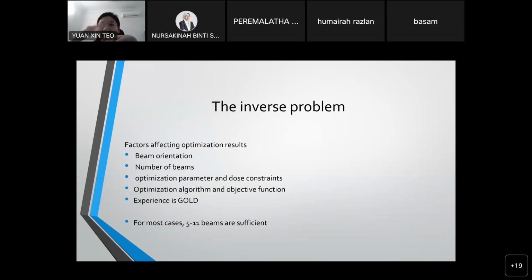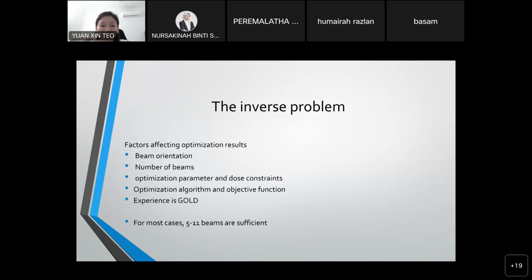The physicist will need to put in which gantry entry angle, maybe 0, 30, 60 or 90. This beam orientation will also affect your plan. Maybe gantry 30 or gantry 90 is not good enough for your plan, so after you optimize your plan, you may need to adjust your beam angles.